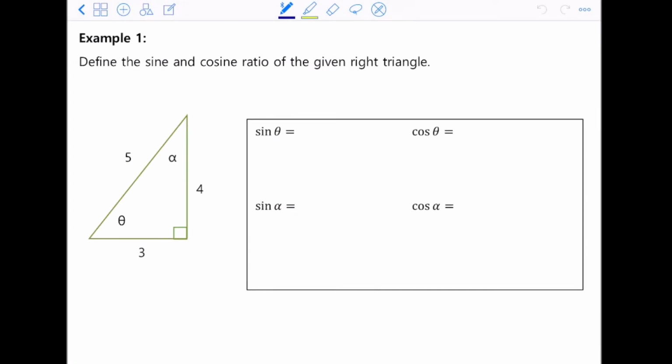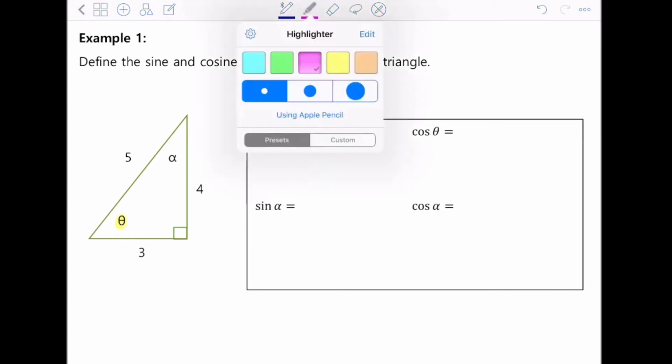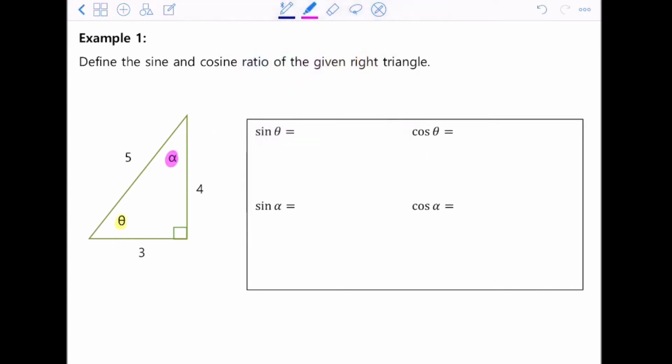Let's take a look at example 1. Define the sine and cosine ratio of the given right triangle. We are given two notations for angles: one's theta, and the other is alpha. Let's take a look at the angle theta ratio first. So we're looking for sine theta and cos theta.